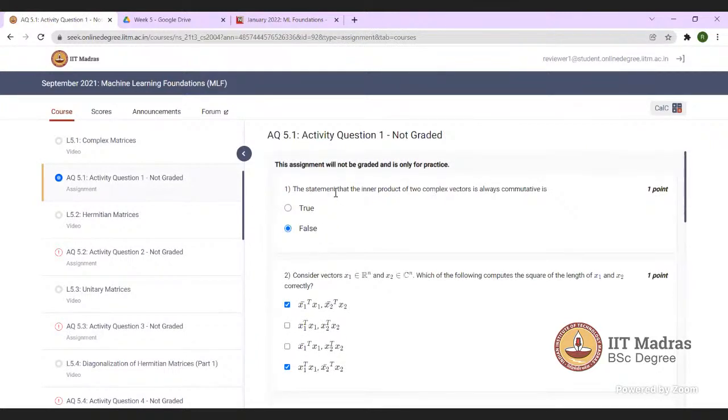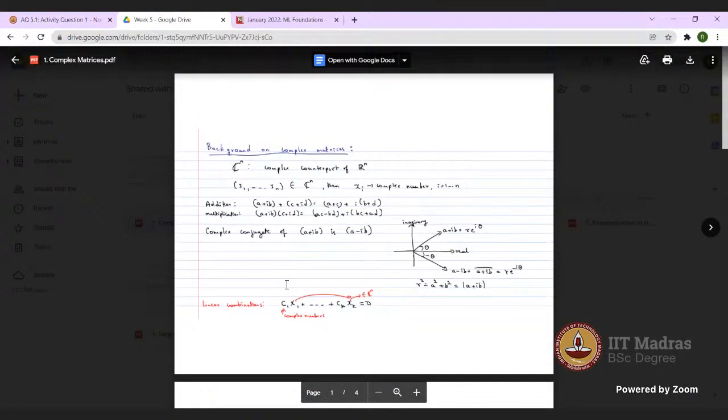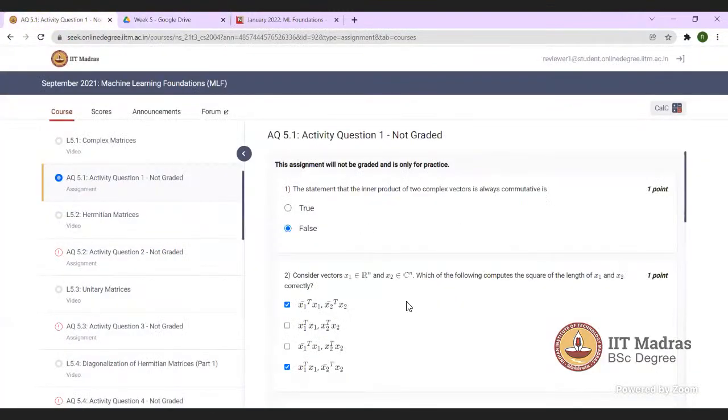The statement: the inner product of two complex vectors is always commutative. Do you think it's true or false? It is false, right? As we have discussed, x dot y is not equal to y dot x, so it is not commutative.